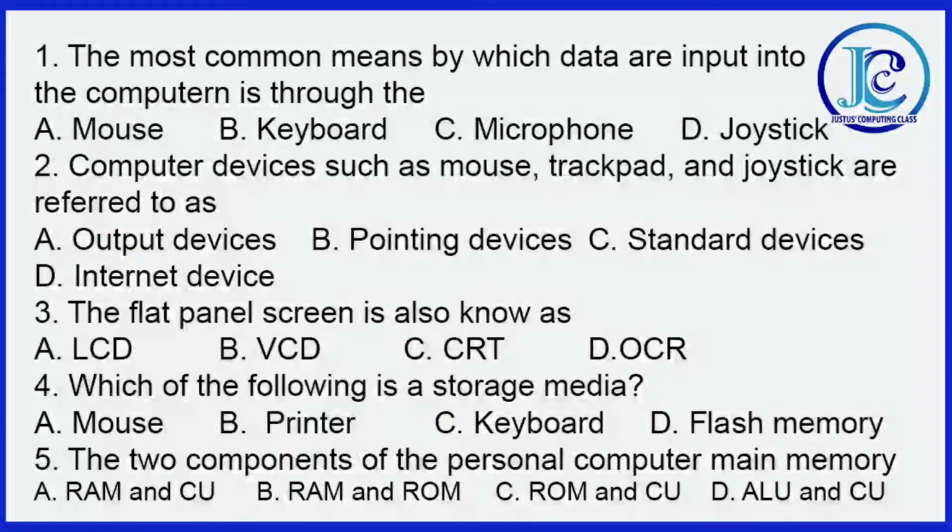Alright, so the first question: the most common means by which data are inputted into the computer is through the A, mouse, B, keyboard, C, microphone, then D, joystick. Question 2.